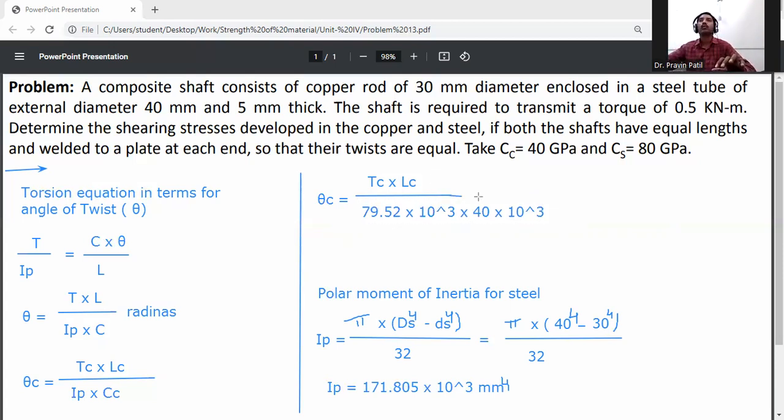Write down the final equation. Just simplify this equation.